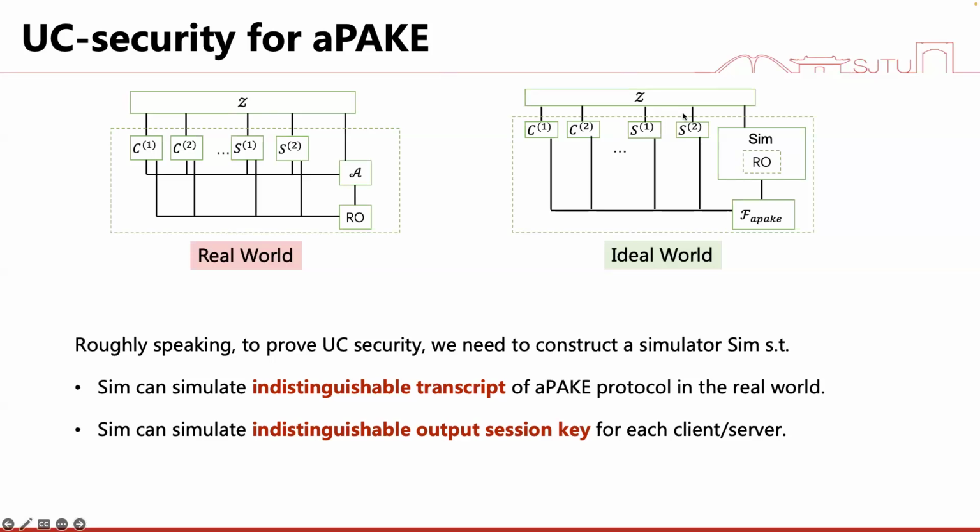Well, in the ideal world, the client and server become dummy parties. And we need to construct a simulator such that it can simulate an indistinguishable transcript of the aPAKE protocol in the real world. And it can also simulate an indistinguishable output session key for each client or server instance.